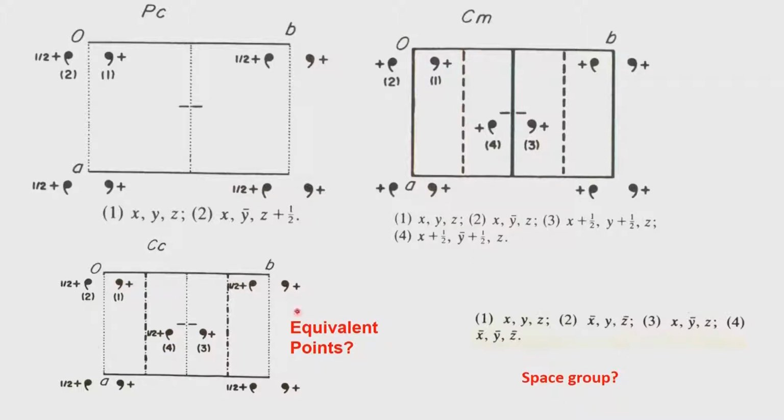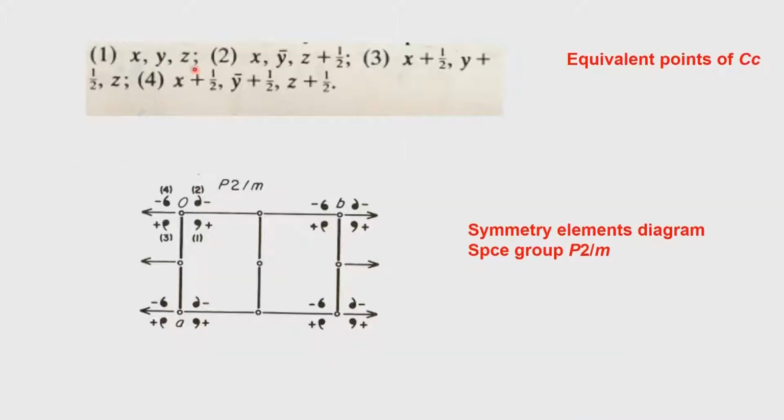So, one can therefore, in principle, given this picture, write down the equivalent points. And in the next slide, I have shown what those equivalent points are. Those equivalent points are x y z, x y bar half plus z, x plus half, y plus half z. So, as you see, this is the C glide operation, and this third is the C centering operation. Then, this is due to the C glide, we operate on the C glide the C centering operation.